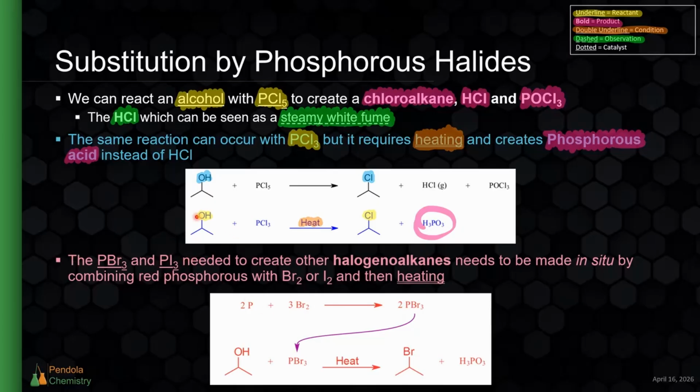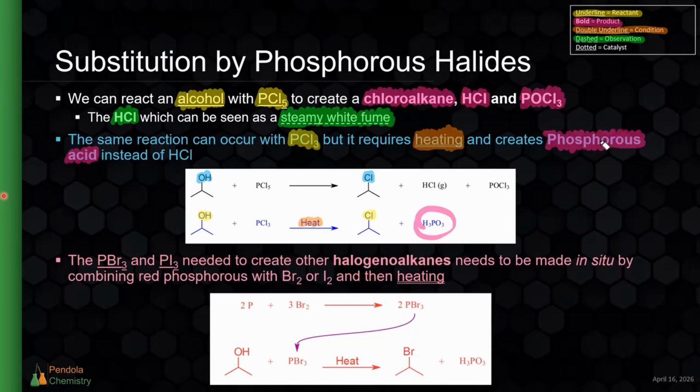We can also react alcohols with PBr3 and PI3 in order to create other halogenoalkanes like bromoalkanes and iodoalkanes. However, if we need to do this reaction with PBr3 and PI3, those compounds need yet again to be made in situ.